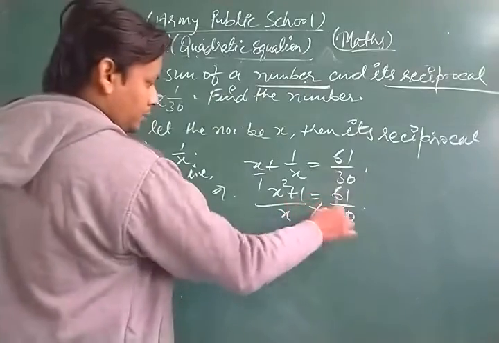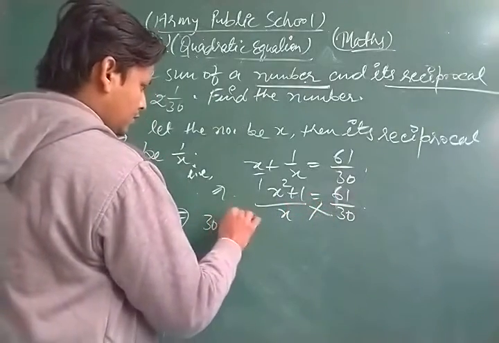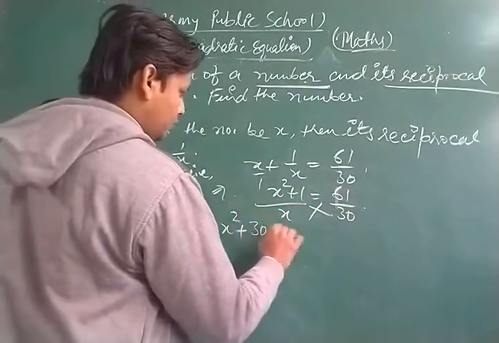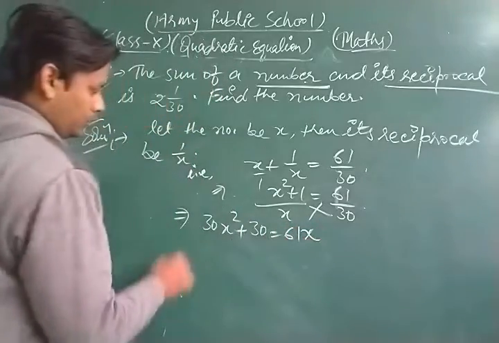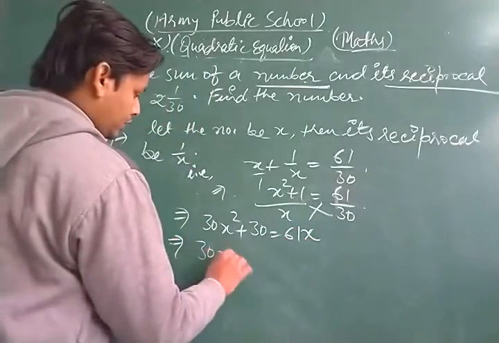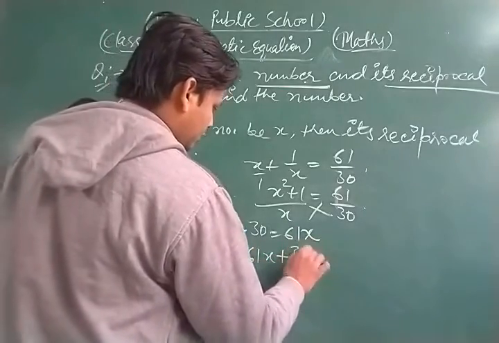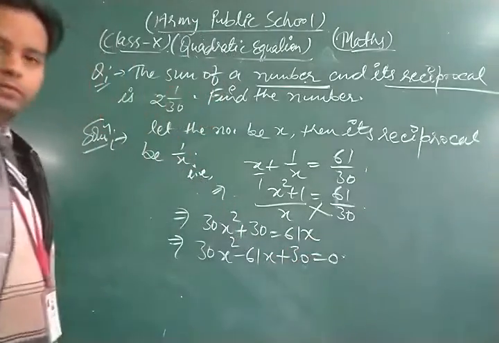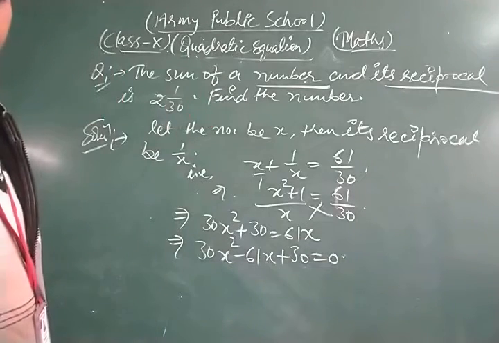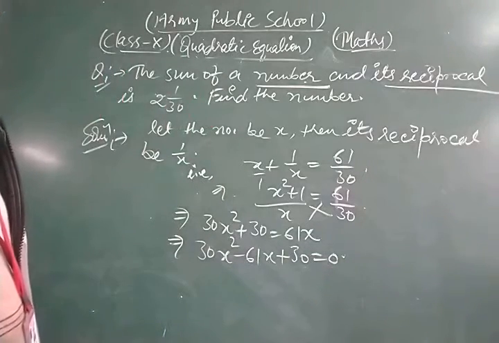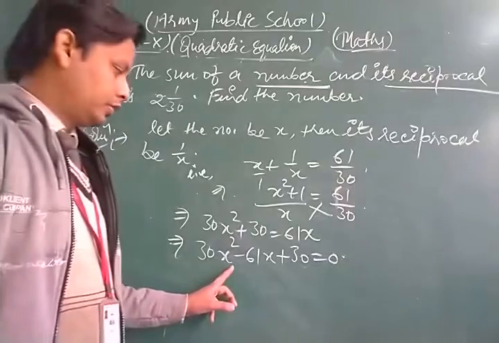Now we do the cross multiplication. 30x square plus 30 is equal to 61x. So here it is 30x square minus 61x plus 30 is equal to 0. So in this way we form a quadratic equation.